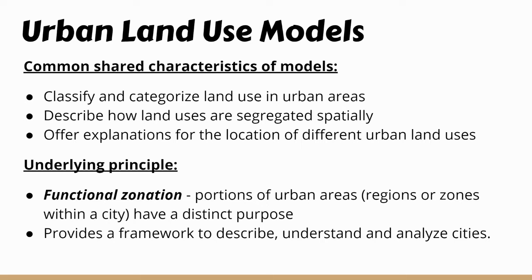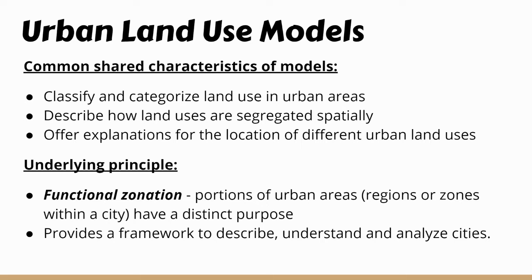They describe how land uses are segregated spatially. Essentially, these models talk about how space in a city is used. And they also offer explanations for the location of different urban land uses. I'll get a little bit more into that when I talk about the American models in just a second.